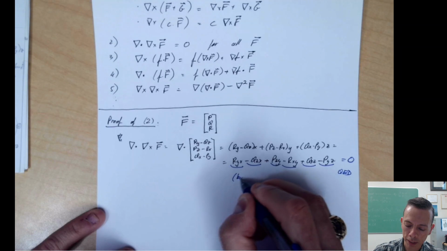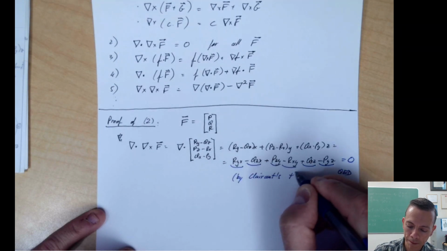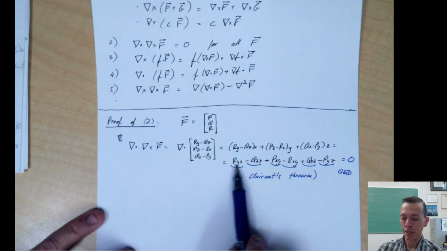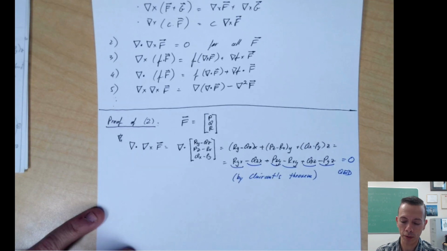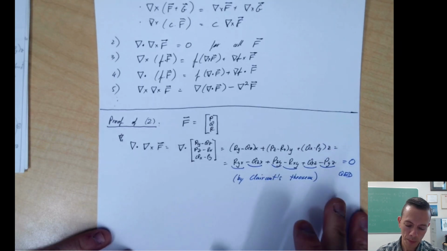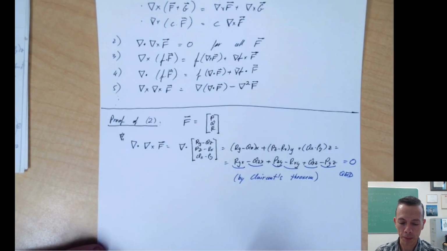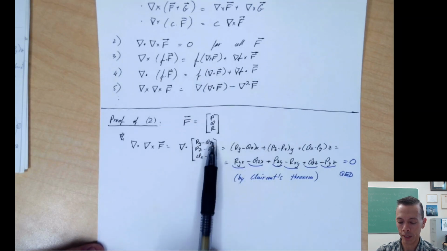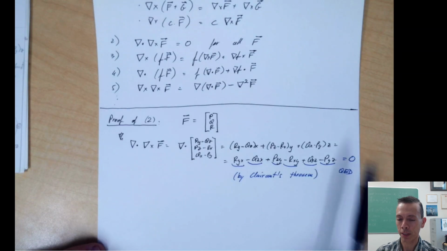And this is by Clairaut's theorem, which is a theorem that says that if you have a mixed second partial derivative, it doesn't matter in what order you take the two derivatives. And you can explore the proofs of these other theorems by doing the same thing. You just take the vector field F and rewrite it in terms of its components P, Q, and R, and just proceed through with the calculations to get the proof.